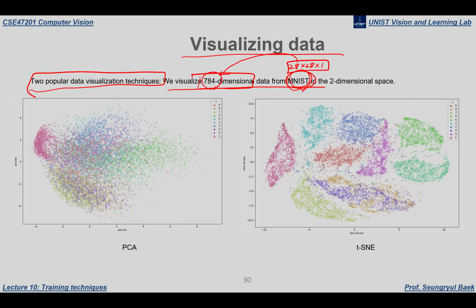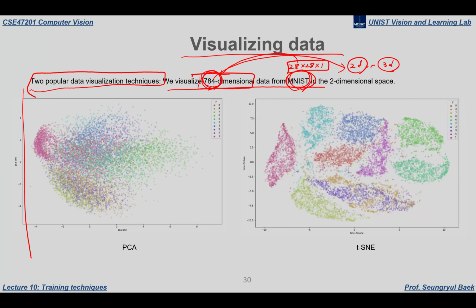But visualizing this high-dimensional data in a 784-dimensional space is not trivial, right? Not easy. So normally, because we are living in 3D space, we reduce the dimension of this feature to 2 dimensions or 3 dimensions.